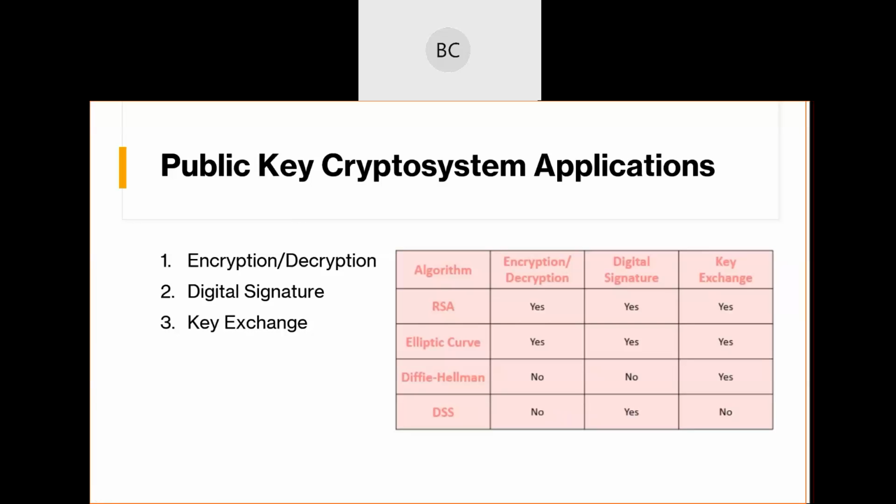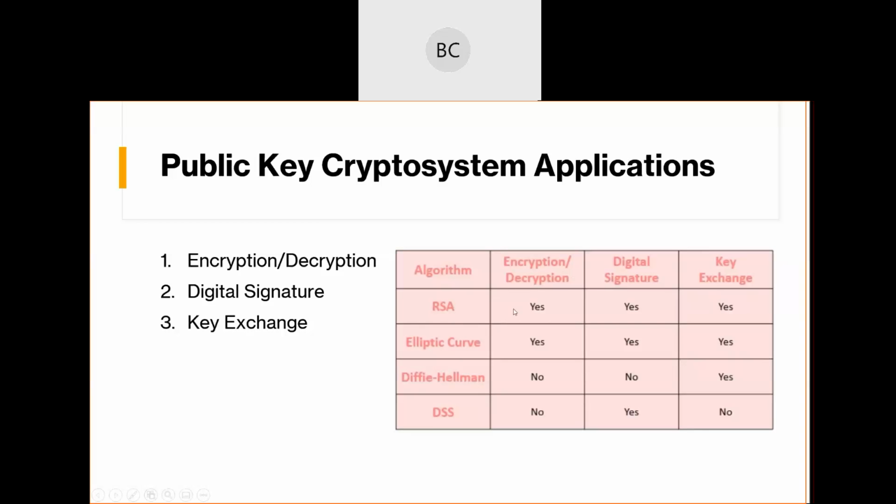Some known public key encryption algorithms are RSA, elliptic curve, Diffie-Hellman, and DSS. You can see which ones implement all three and which implement just one or two.